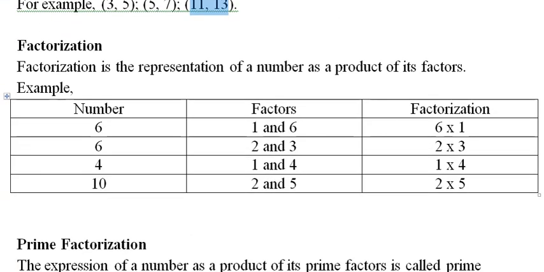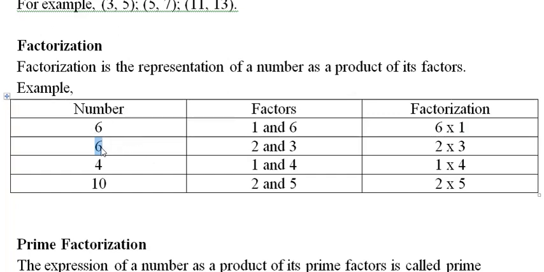Now moving towards factorization. Factorization is nothing but the representation of a number as a product of its factors. For example, let's take this 6. The factors are 1 and 6. We already know that. Now in factorization we can show it as 6 into 1 or 1 into 6. And again we can take this 6, because it has multiple factors.